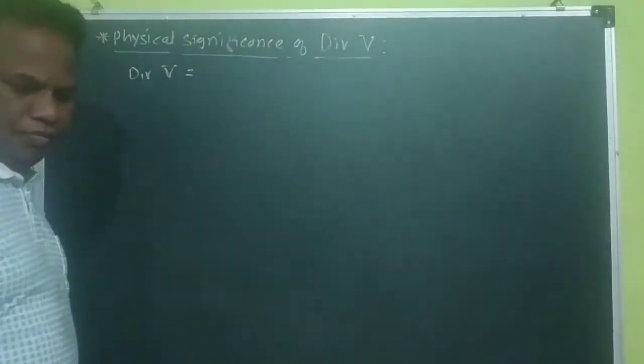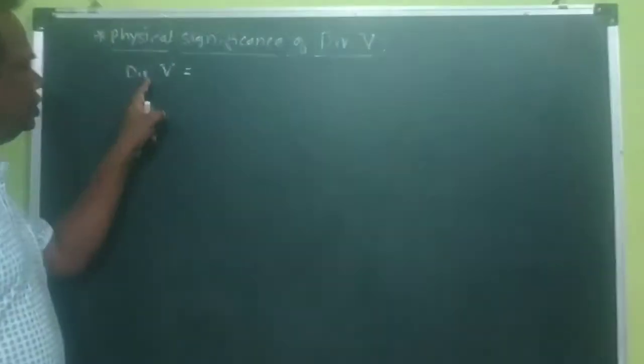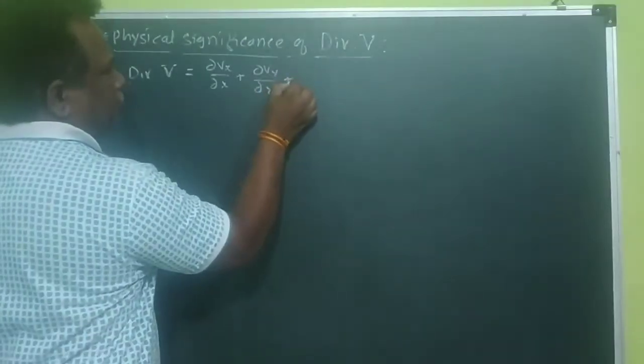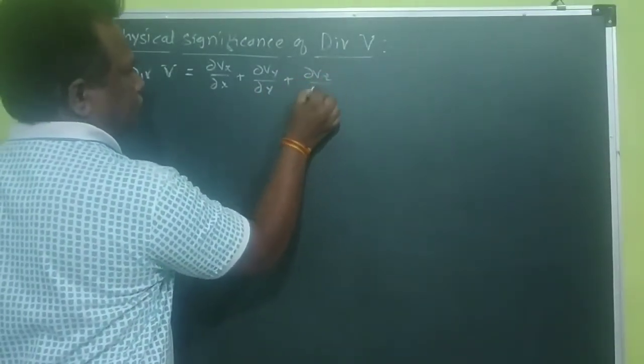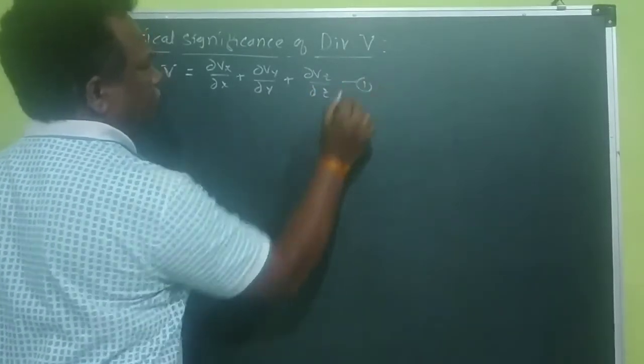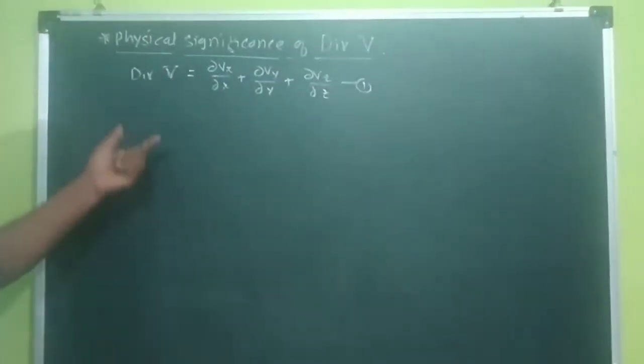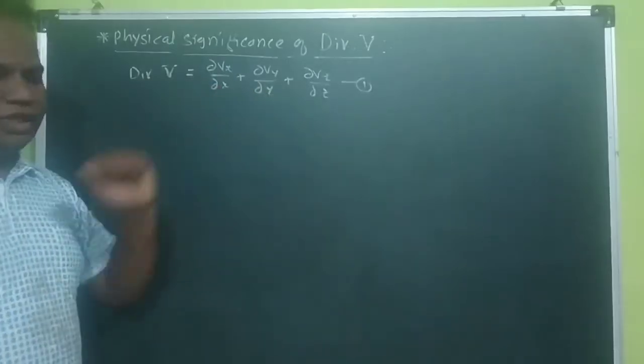Its value, divergence of V, is given by dou Vx divided by dou x plus dou Vy divided by dou y plus dou Vz divided by dou z. So now we are going to study what this equation represents.